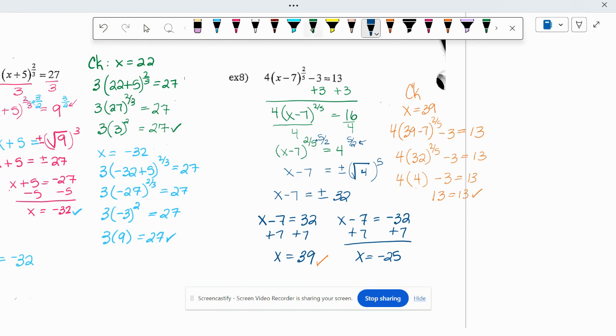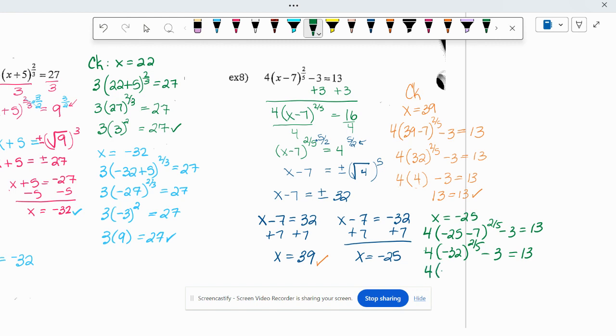Let's check and see if x equals negative 25 works. So 4 times negative 25 minus 7 to the 2/5 power minus 3 equals 13. Well, negative 25 and negative 7 give me a negative 32. Negative 32 to the 2/5 power minus 3 equals 13. Well, we know that the fifth root of 32 is 2, so the fifth root of negative 32 is going to be negative 2.